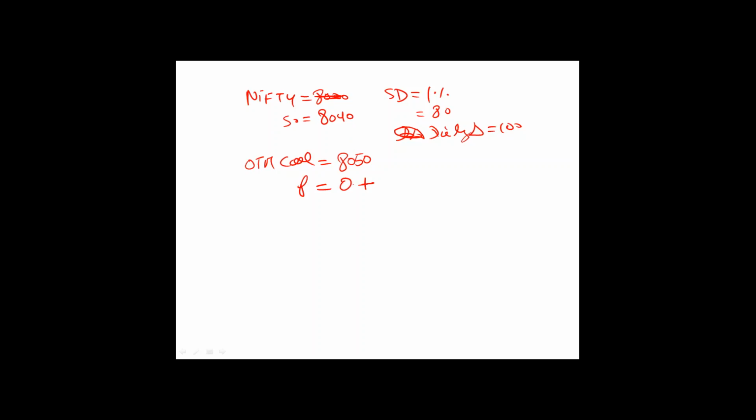So for an out of the money call, there is nothing but time value. But on the date of expiry itself, the last day of trading, the time value will also be 0 theoretically. But in actual, the time value is there, maybe 10 paisa or 20 paisa. So let's suppose the time value is 20 paisa for this call.